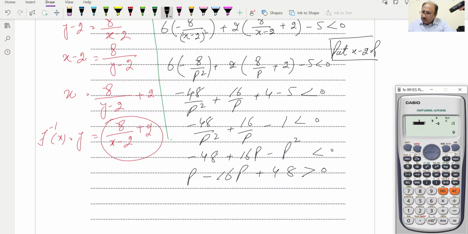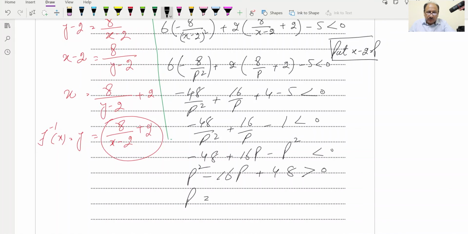And now we can solve this one. The coefficient of p squared is 1, p is minus 16, and 48 is the constant value. This is giving us 12 and 4, so p is equal to 12 and 4, these two values.